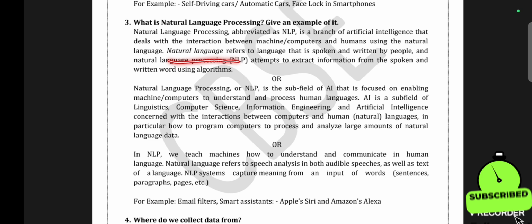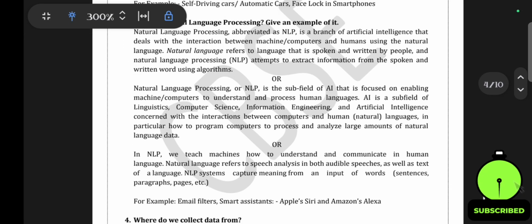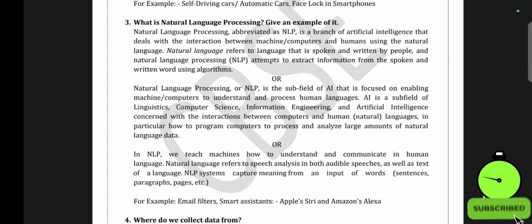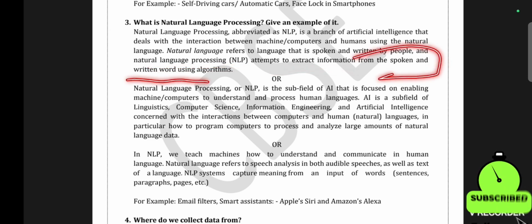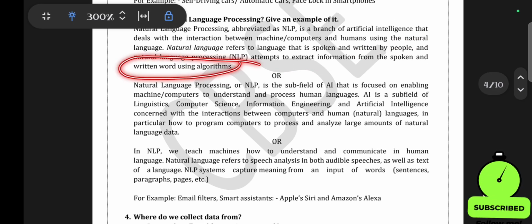Natural language refers to language that is spoken and written by people, and NLP attempts to extract information from the spoken and written word using algorithm.